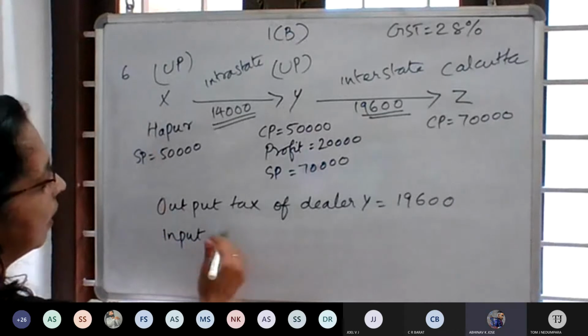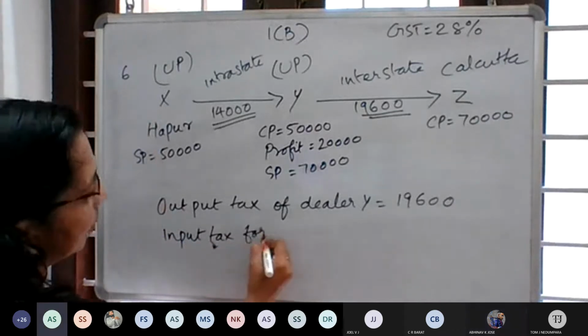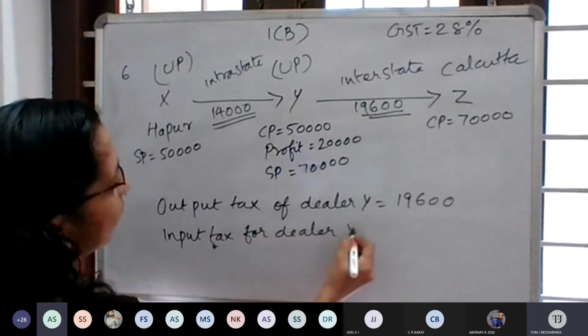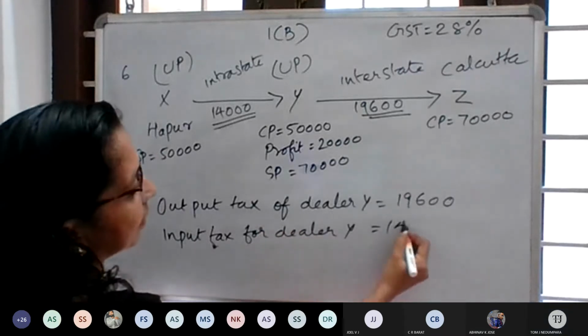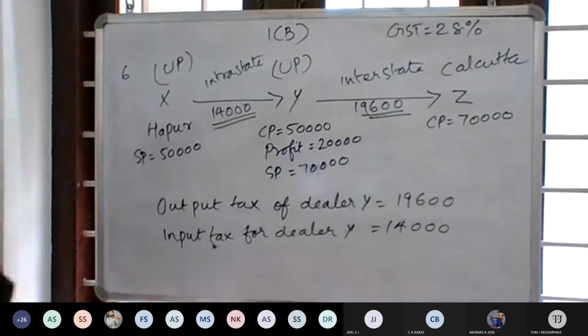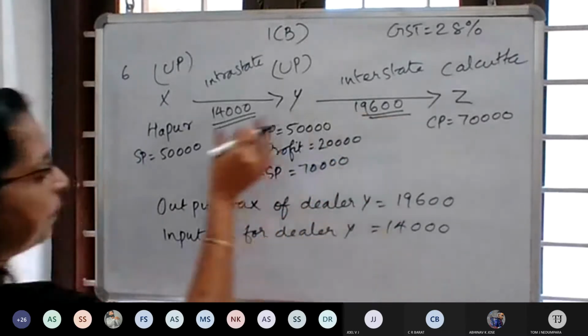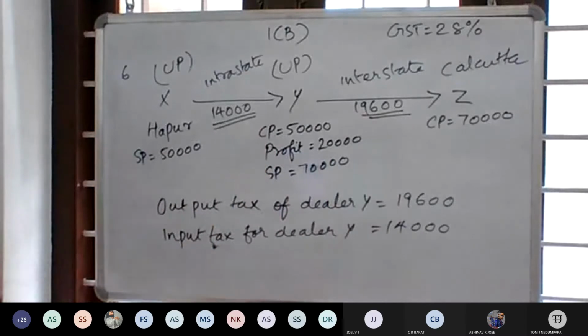Output tax of dealer Y is equal to 19,600, and input tax for dealer Y is 14,000.